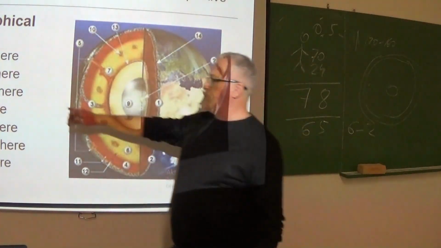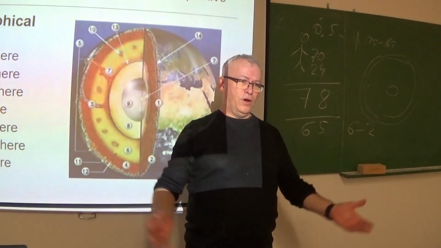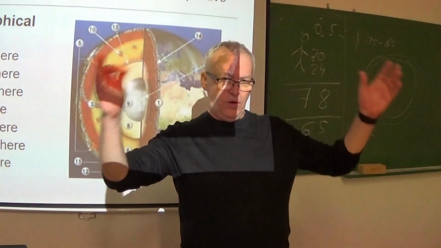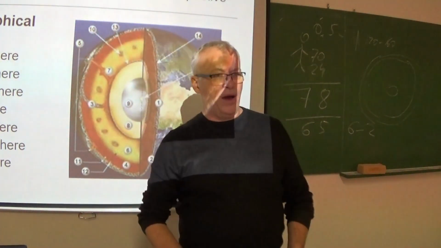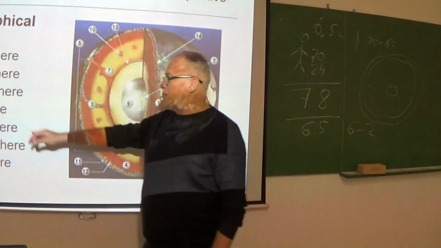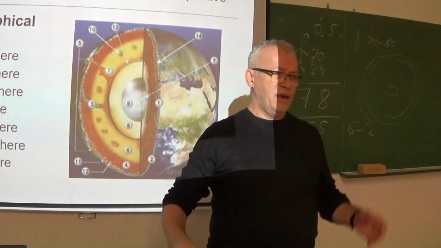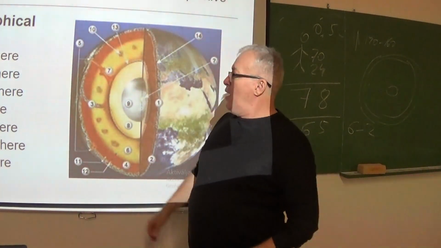Okay, hydrosphere, this is the larger part of the Earth. 71% of Earth is covered by the global ocean. Biosphere, each plants and animals, flora and fauna.